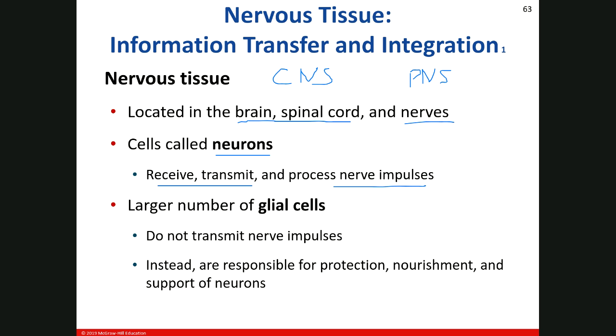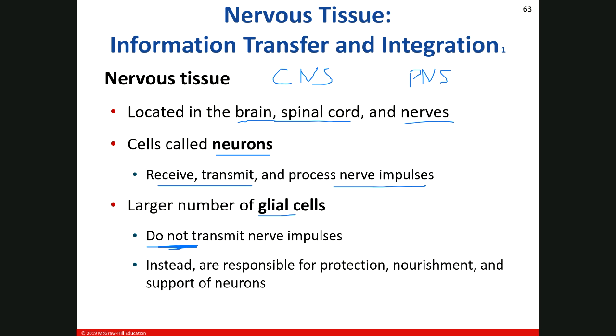The other type of cell is the glial cell. This is the support cell. There are actually more glial cells than neuron cells. But their job, again, you have to know this: they do not transmit information at all. They don't do that, but they do everything else.